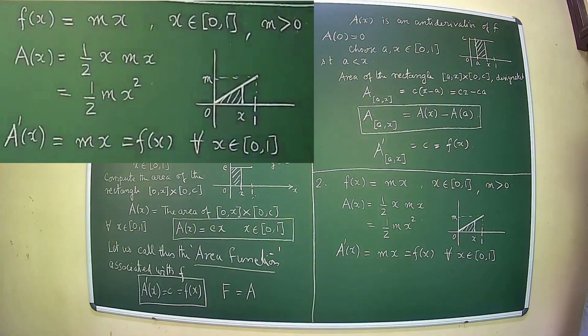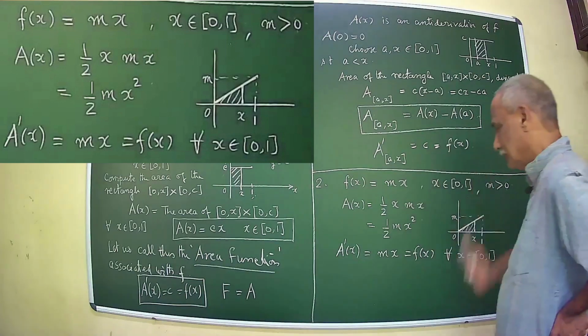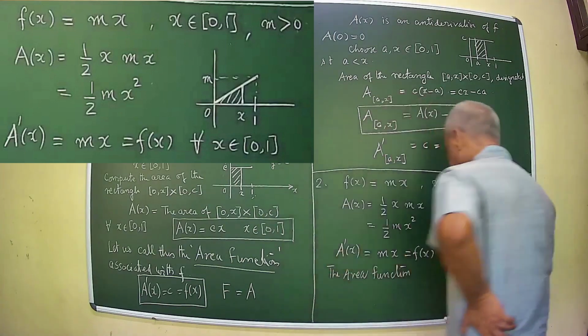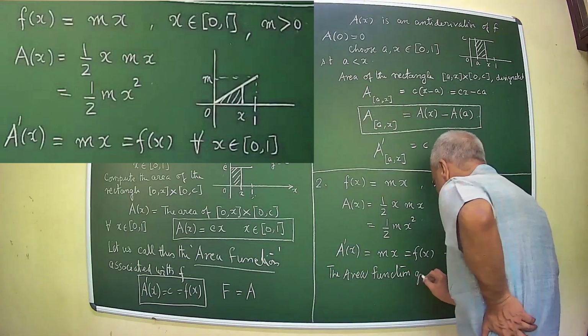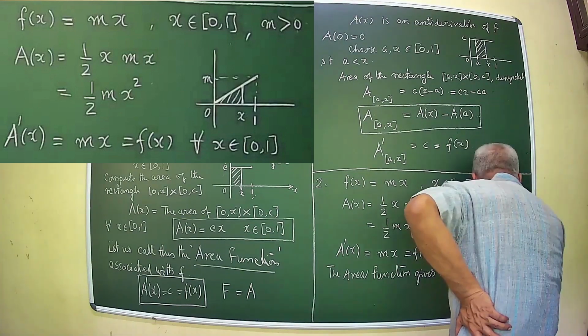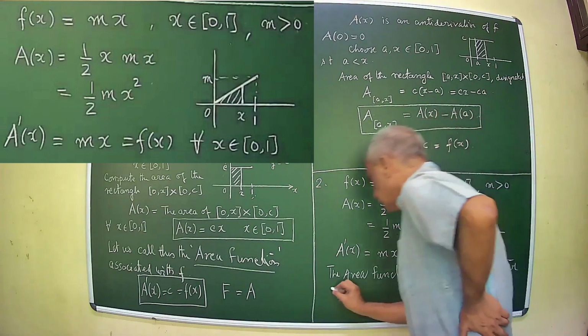Therefore, the antiderivative of f of x equal to mx is given by the area function again. So the area function gives an antiderivative of f.